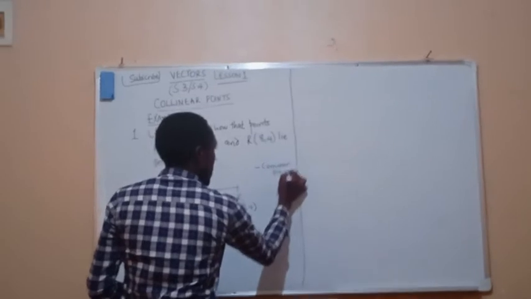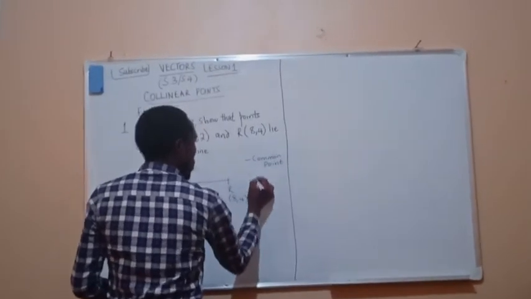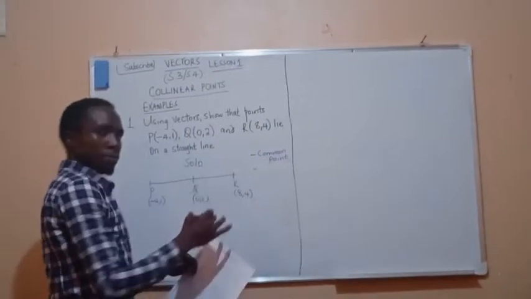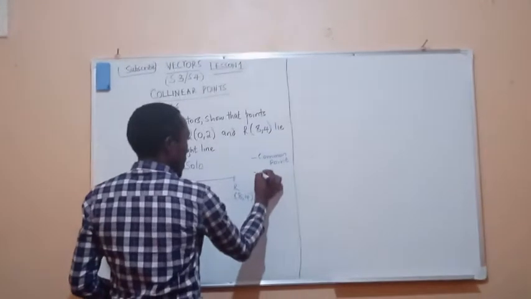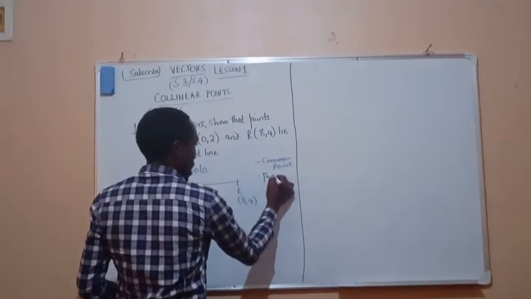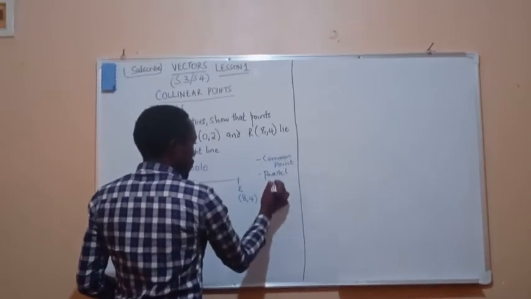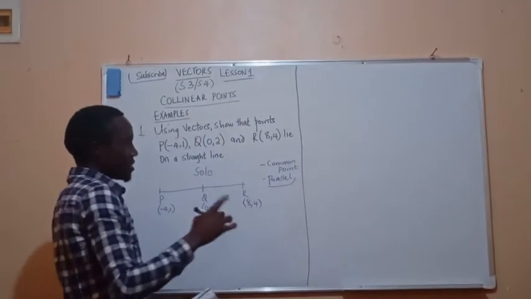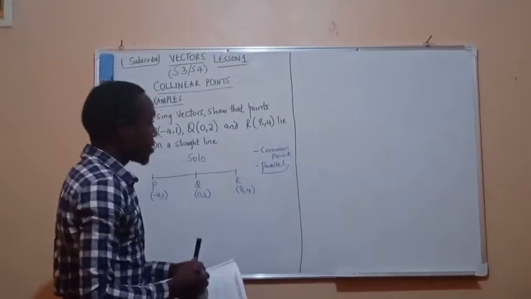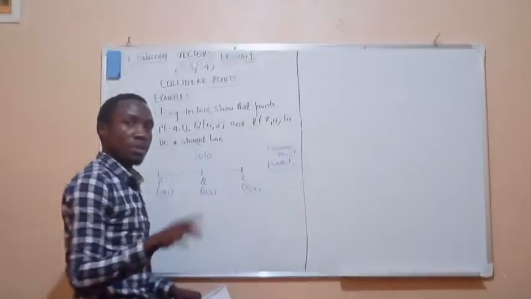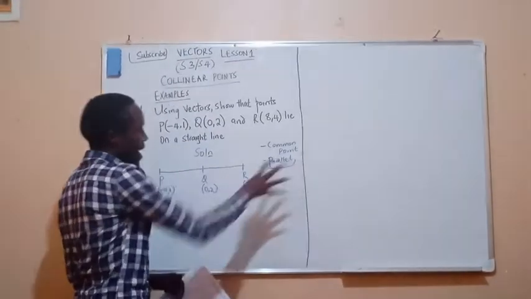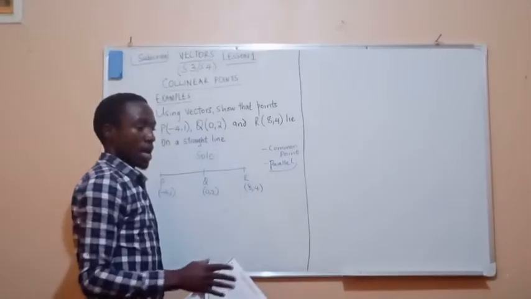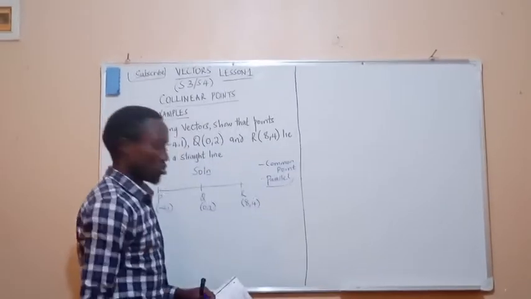And another thing, we need to show that those selected points are also parallel. For lines to be parallel, there is some scalar, or some value, which we call a constant, that you multiply in another vector in order for those lines not to meet.